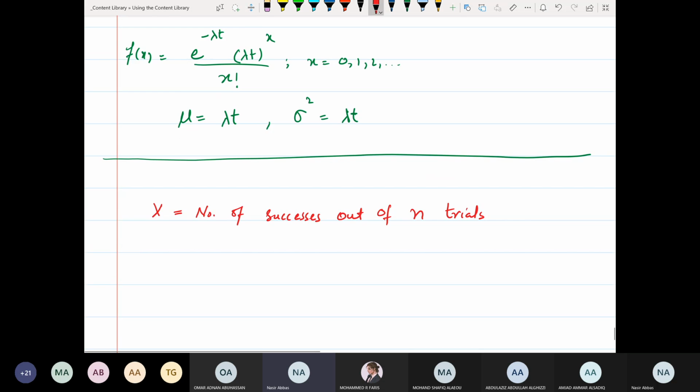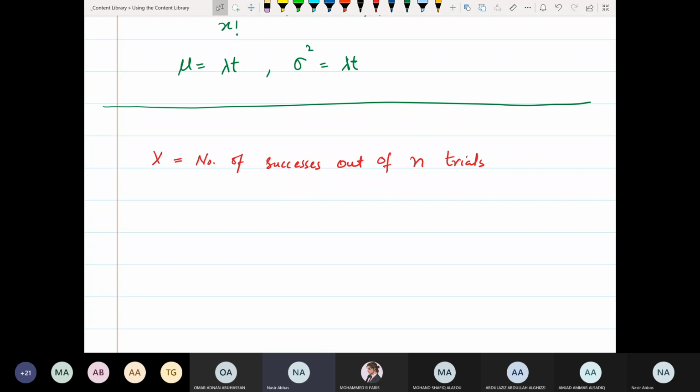And for each of these 10 trials, you were looking for these 4 properties. What 4 properties? Number 1, 2 possible outcomes, success or failure.